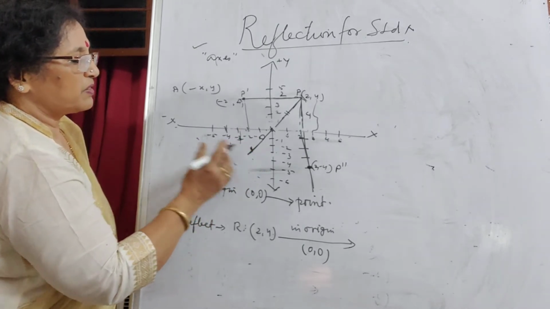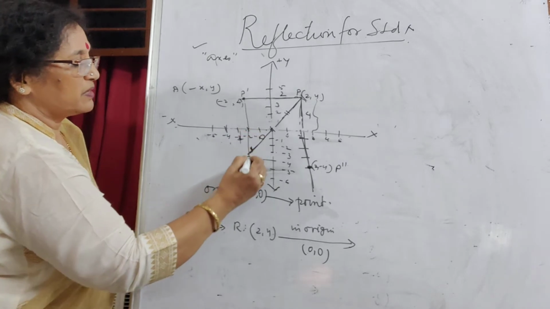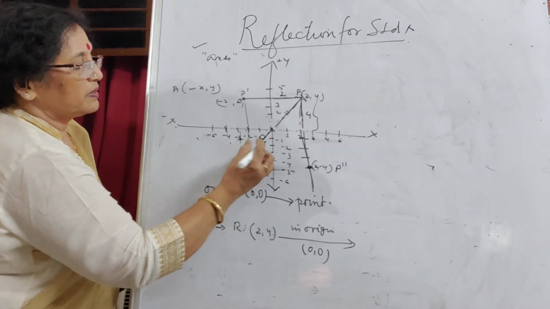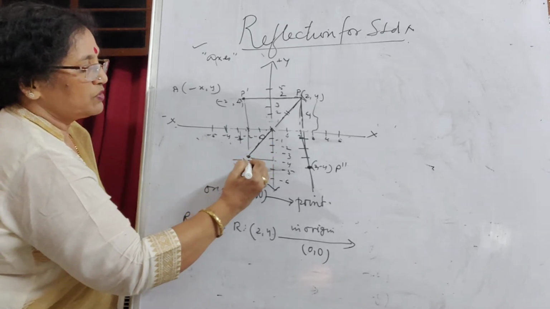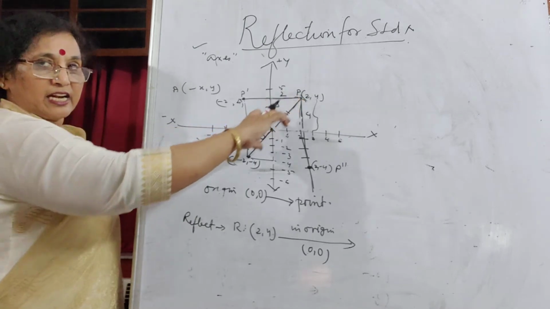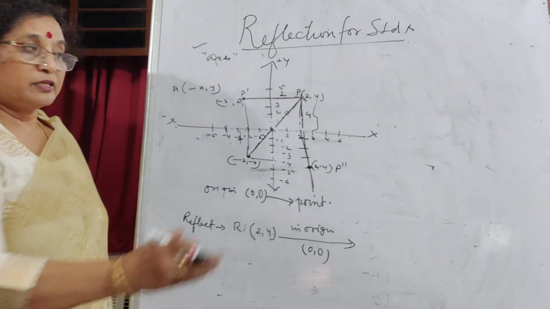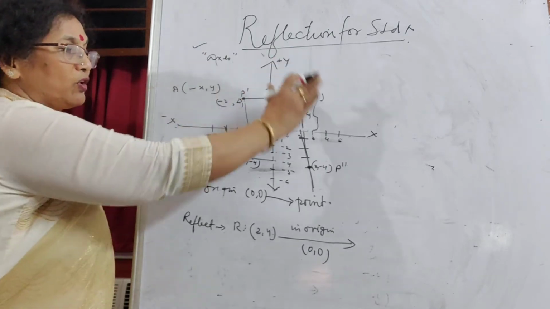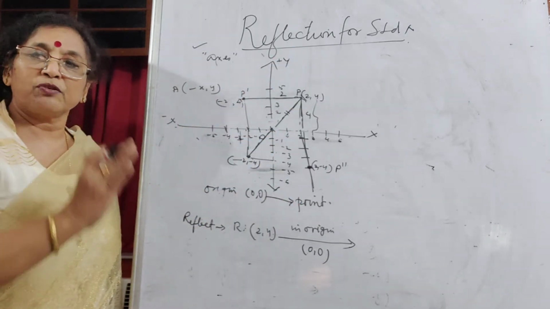It will come somewhere here, this point. Minus 2, minus 4. It will come at this point, if you exactly do it. This is all crooked because I am doing freehand drawing, children, and I'm not doing it on graph paper. So it looks very crooked.